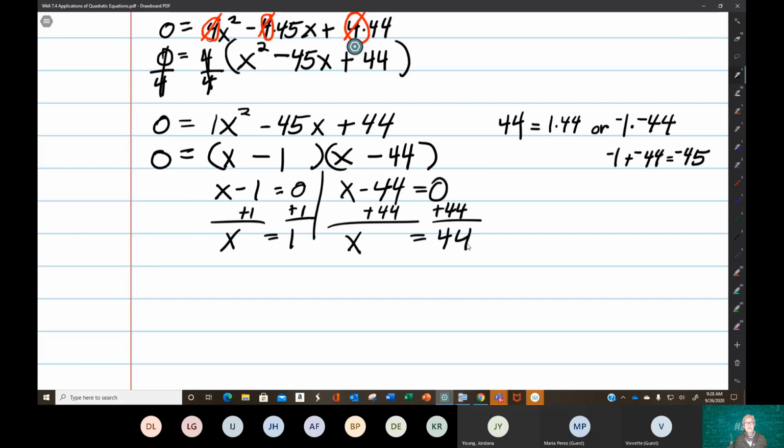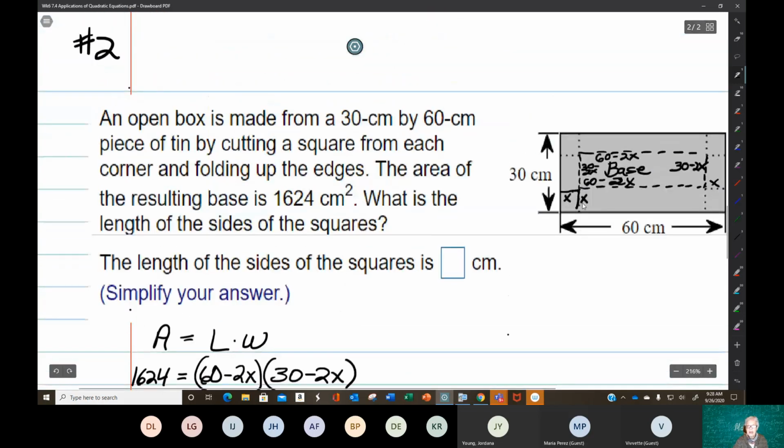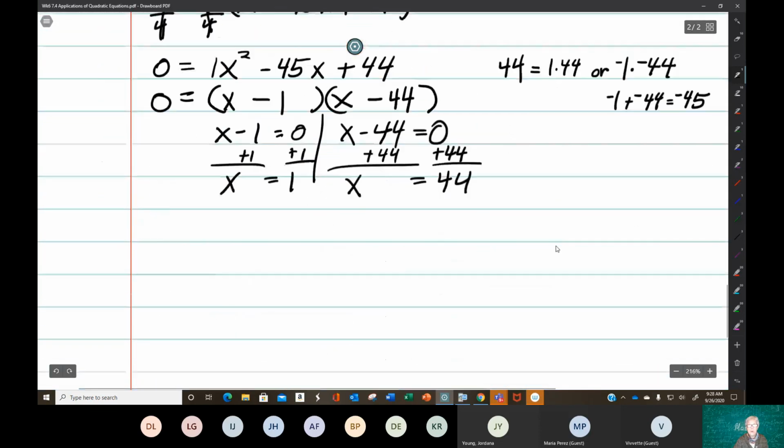Could they both be right? And the answer is no, because if x were to equal 44 centimeters, that's even greater than this whole side. How could that happen? It couldn't. In the context of this problem, 44 makes no sense at all.